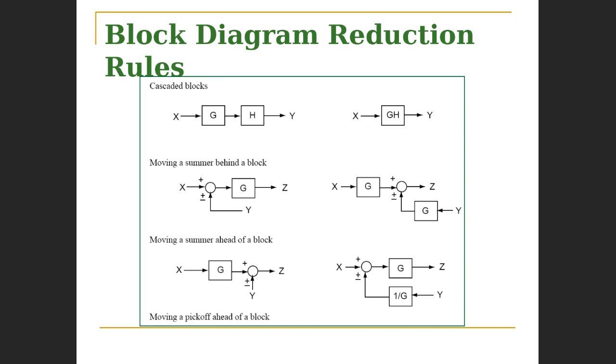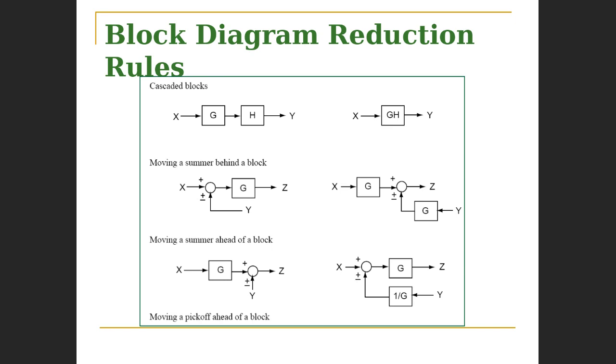The simple procedure here is that the blocks are multiplied. When I say the blocks are multiplied, I'm talking about the transfer function for each block. You simply multiply the transfer function for each block. This is simply the rule for cascade.